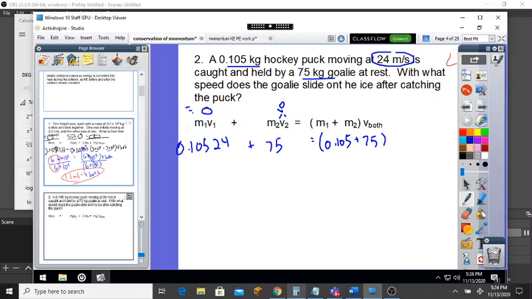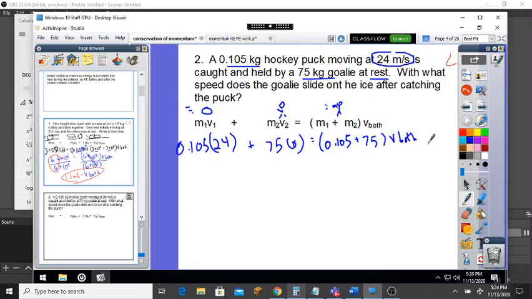This is the hockey puck, so we're going to plug that velocity in. And the velocity of the goalie is at rest, so he's not moving. Now we want to find out, once the puck hits him, he's going to catch it. It's going to be him, which is M2, and he catches the puck. It's going to move him back, but how fast? Probably not that fast, but let's find out.